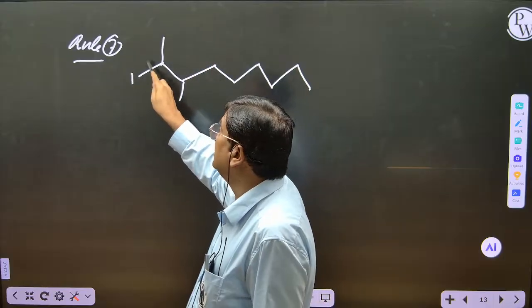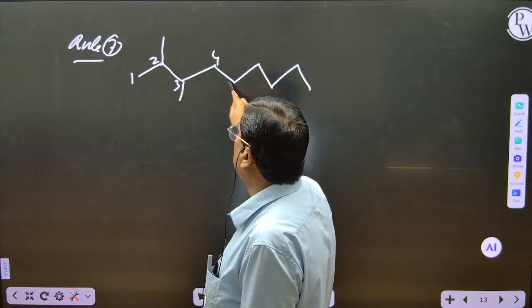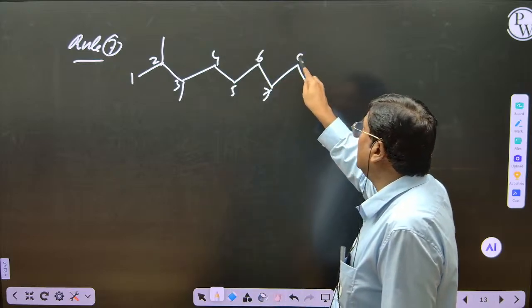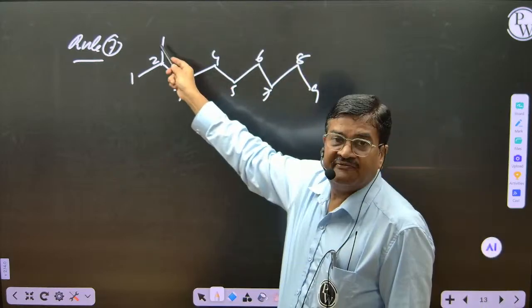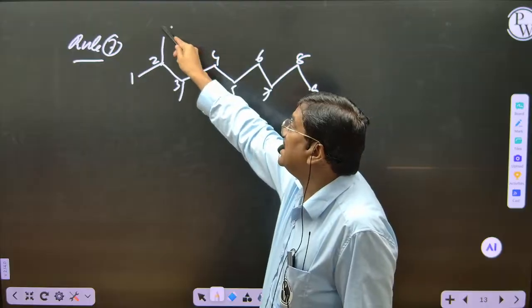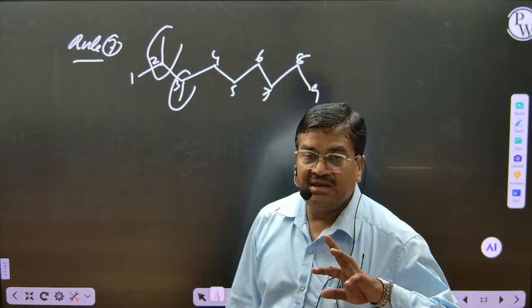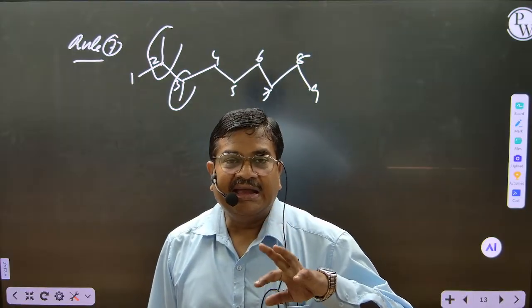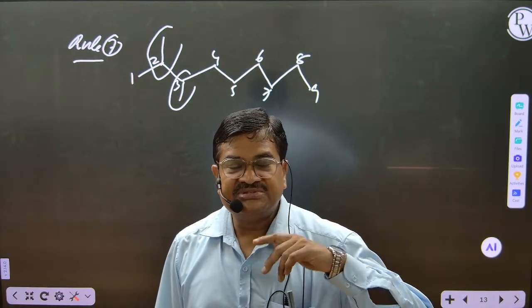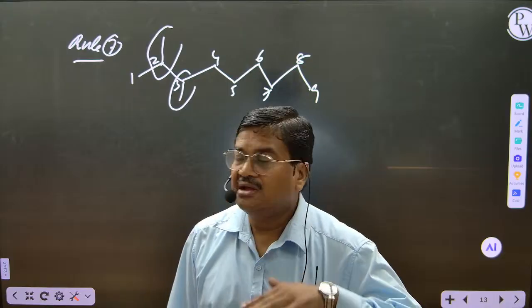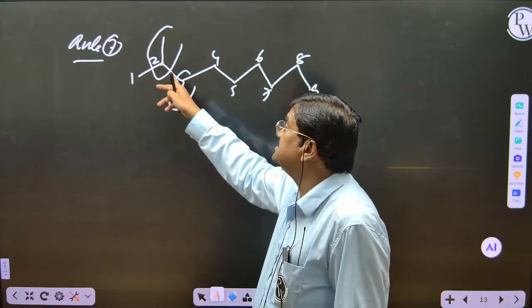See, I am giving numbering from here: 1, 2, 3, 4, 5, 6, 7, 8, 9. Now see, what is the substituent present at the first locant? Methyl. This is also methyl. Whenever two similar substituents are there, we use di, tri, tetra. We use the prefix before the substituent. Now two similar substituents, what is this? Dimethyl.